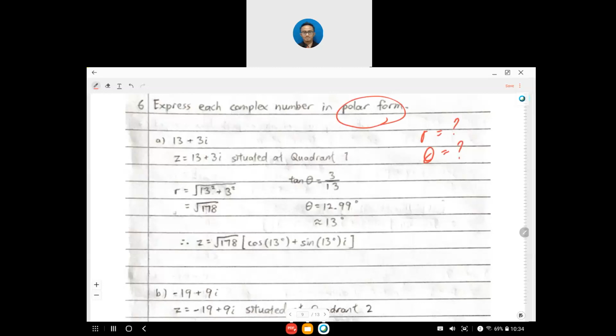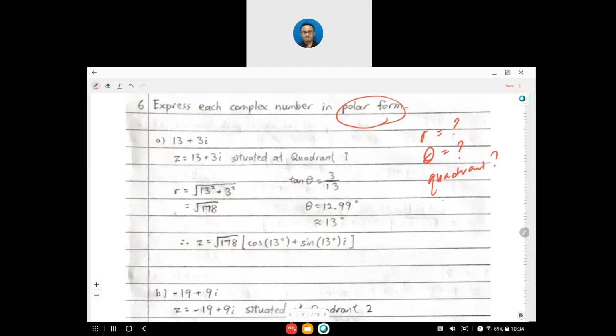Make sure you know which quadrant the complex number is placed in, because when you press the calculator, the degree does not belong to the exact quadrant. Usually it gives the value of the angle closest to the x-axis, the reference angle. So you need to find the reference angle.